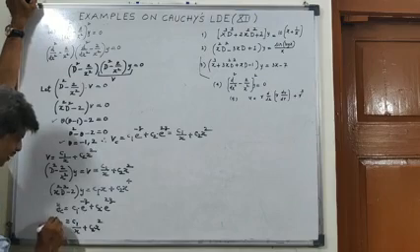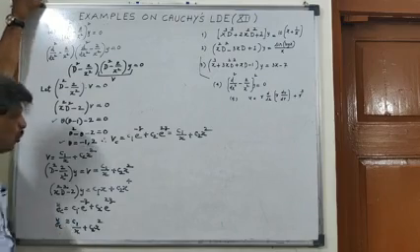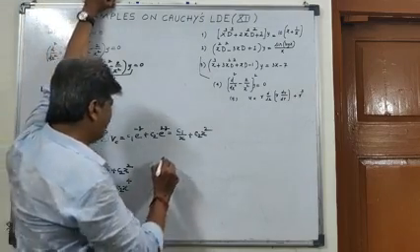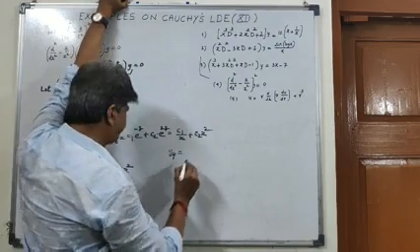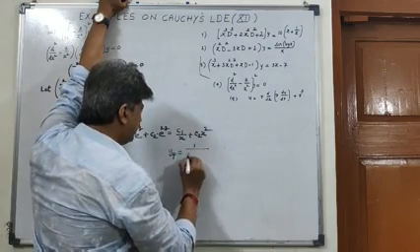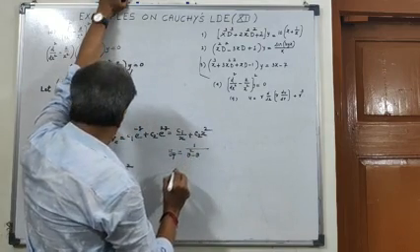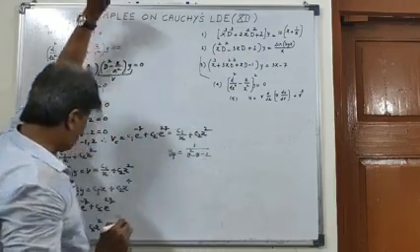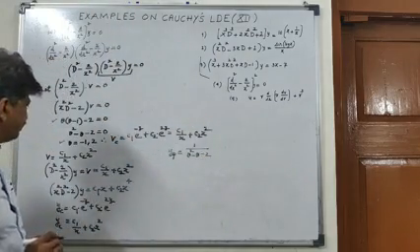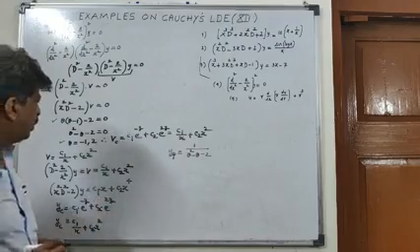This is YC. What was YP? YP is 1 upon theta square minus theta minus 2 operating on C1x plus C2x to the power 4.